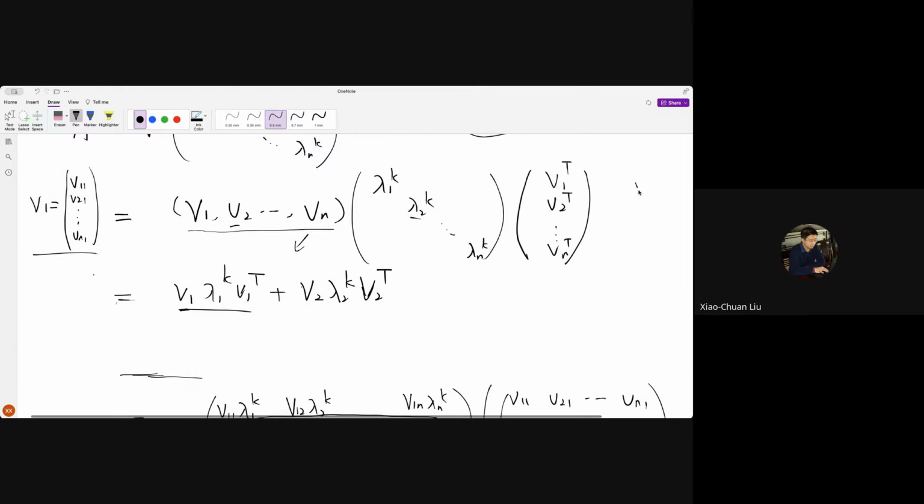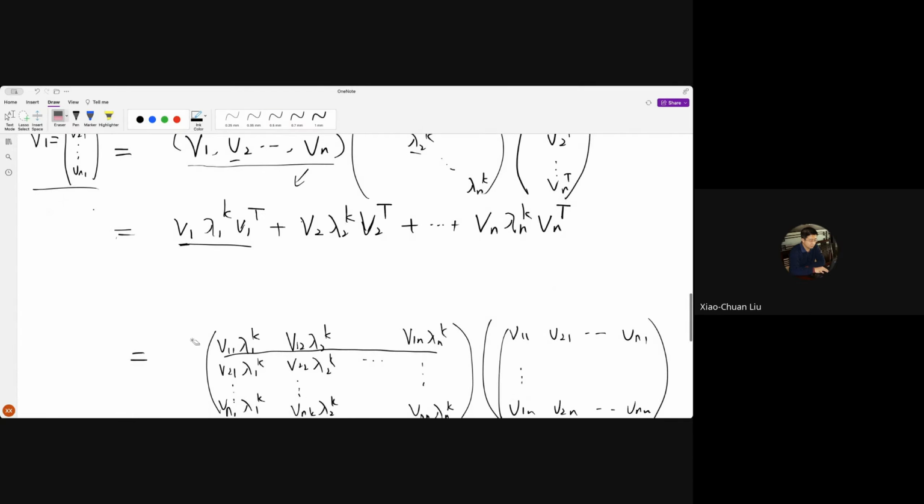I think it's better I write big V as vectors. And plus, and here we have Vn, big V, so lambda n to the power of K Vn transpose. Okay? So let me forget about this. It's a little annoying. Sorry.